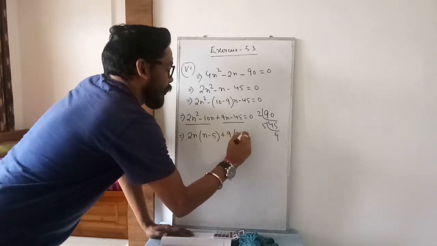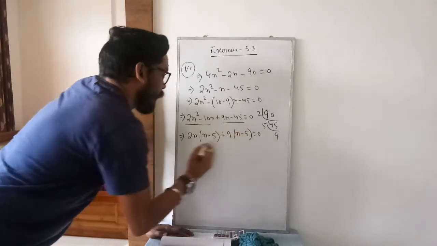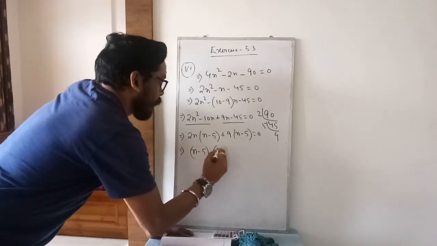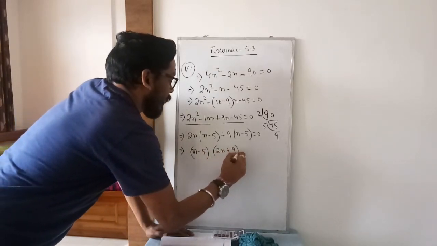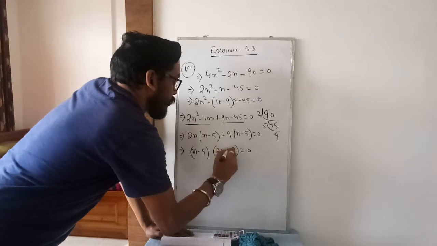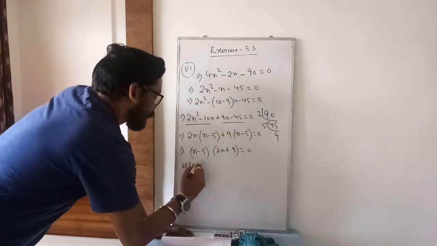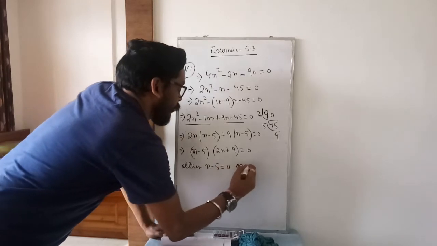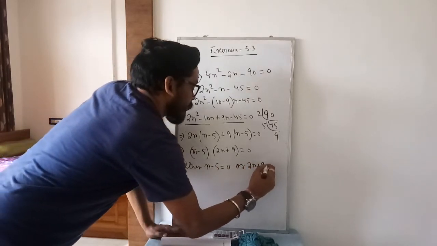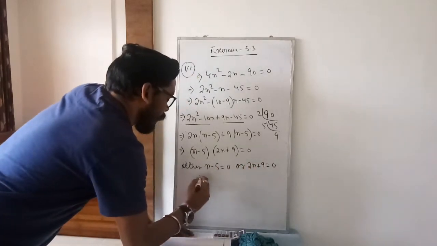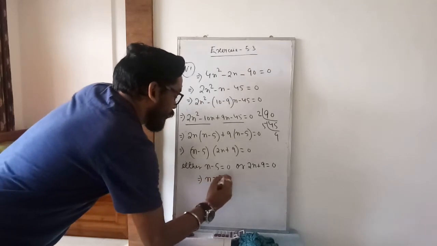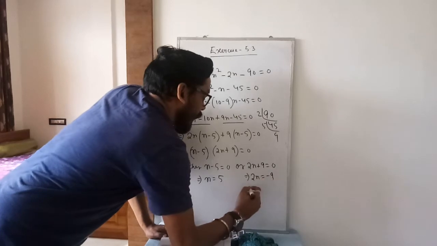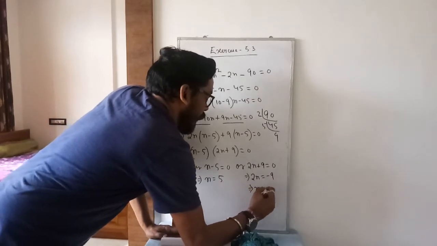Here 9 common, n minus 5 equal to 0. So (n minus 5)(2n plus 9) equal to 0. So either n minus 5 equal to 0 or 2n plus 9 equal to 0. So n equal to 5, and here 2n equal to minus 9, n equal to minus 9/2.